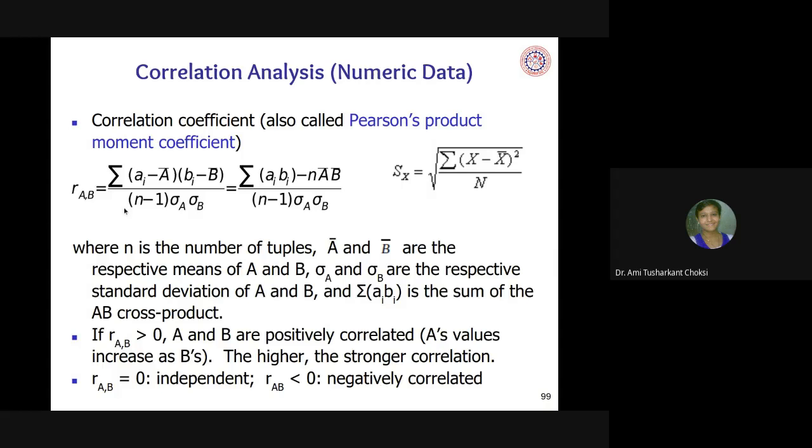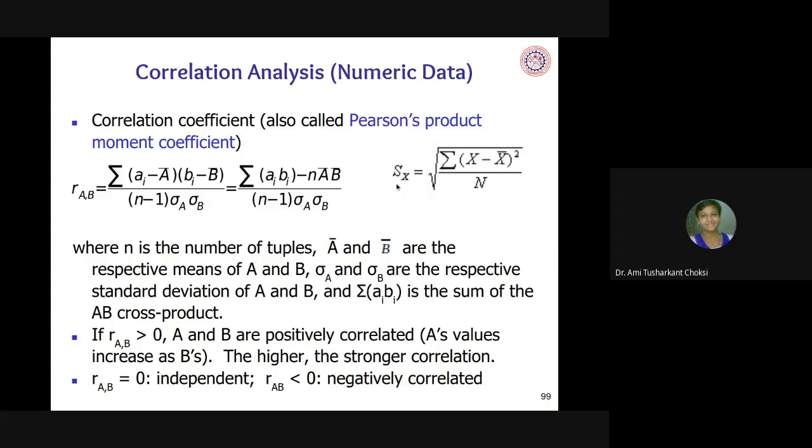R_AB is equal to sigma (A_i minus A bar)(B_i minus B bar) upon (n minus 1) sigma A into sigma B, right? So what are sigma A and sigma B? They are the standard deviations.